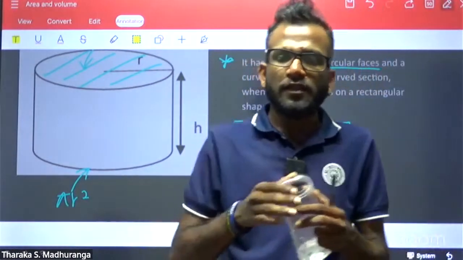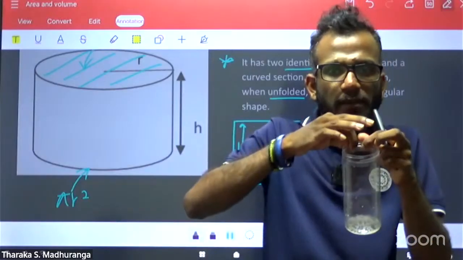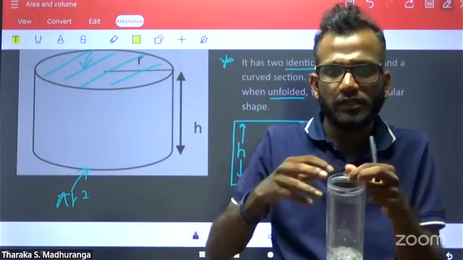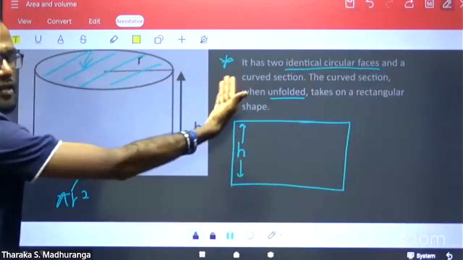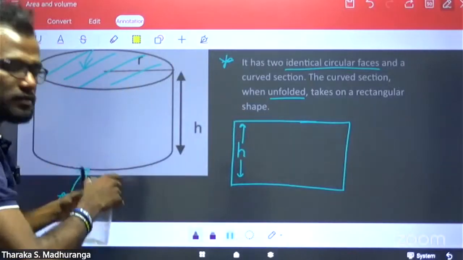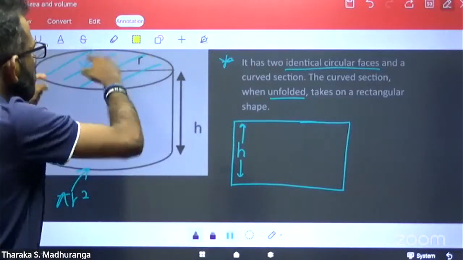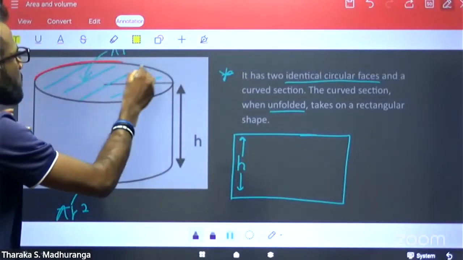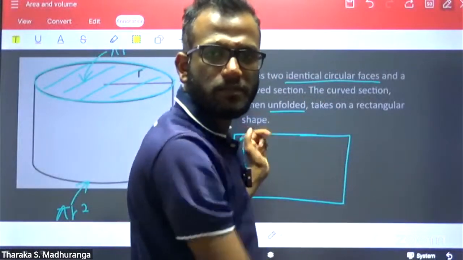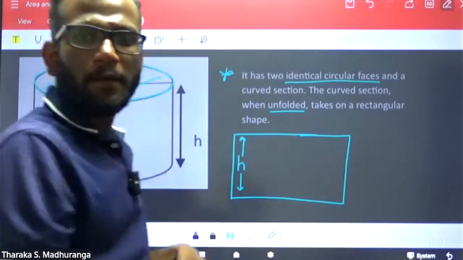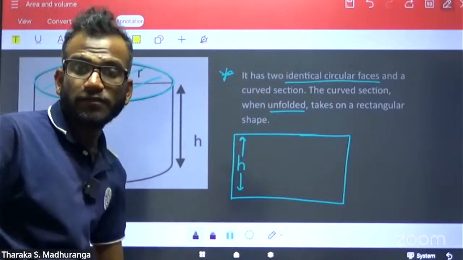Yes, very good. The circumference becomes the length. Circumference, not 2r. We need to unfold that. Unfold like this. Then the circumference is the length of this rectangle. Did you get it? Circumference.